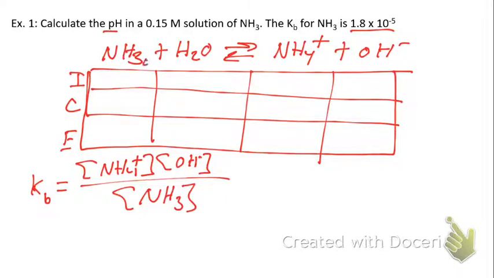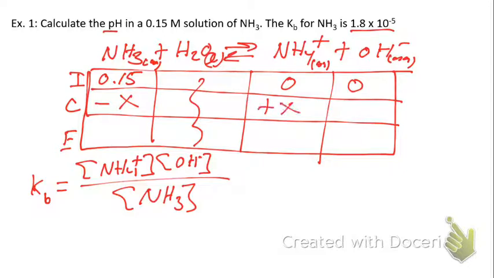These are all aqueous except for water, which is a liquid, so it's not in the equilibrium expression and we don't worry about it in our ICE table. The initial concentration of the base is 0.15, and the initial concentration of the products is 0. The change is minus x, plus x, plus x. Everything is a 1-to-1 ratio, which makes it nice. So at equilibrium, it would be 0.15 minus x, x, and x.